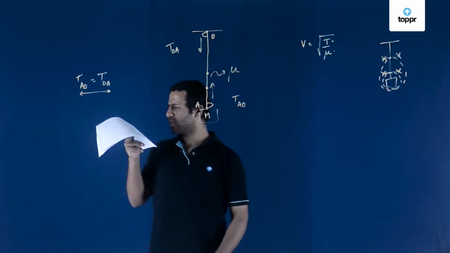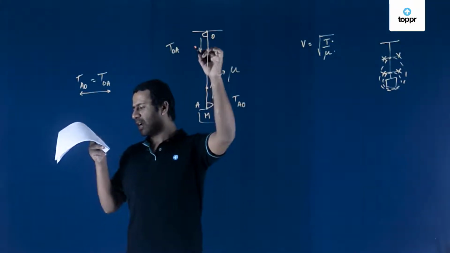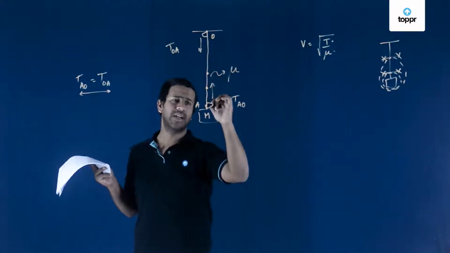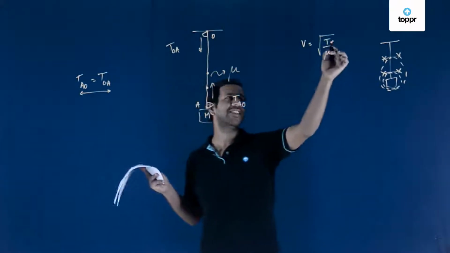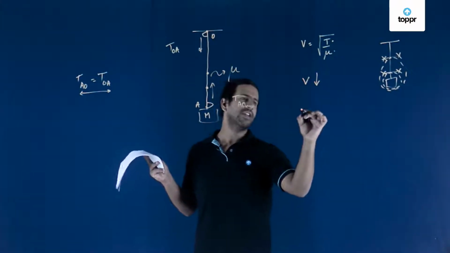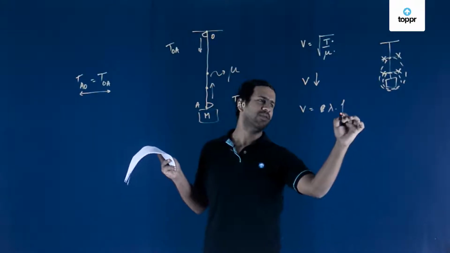A is the point which is at the bottom. So for the pulse which starts from O, as it goes from O to A, tension is decreasing, so V will come down. You know the wave equation: speed is equal to lambda into frequency.